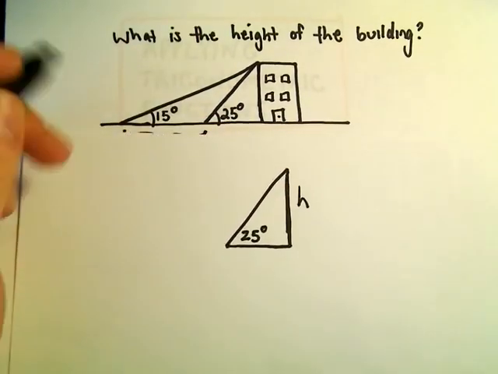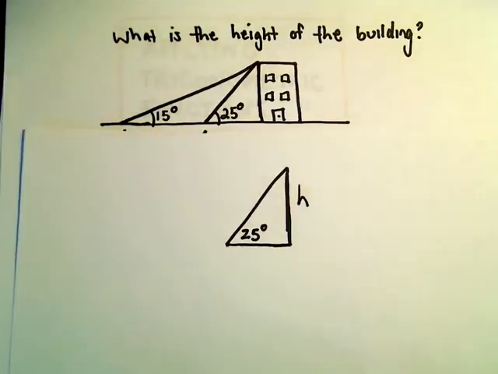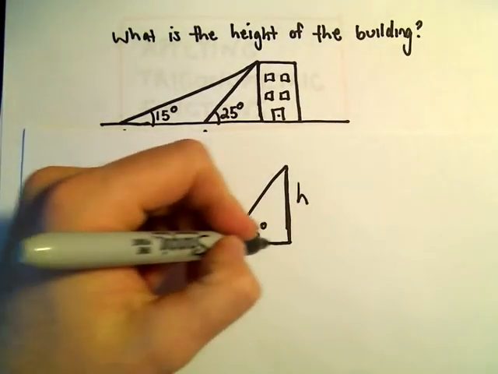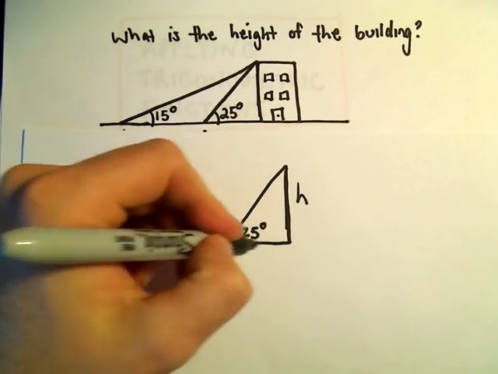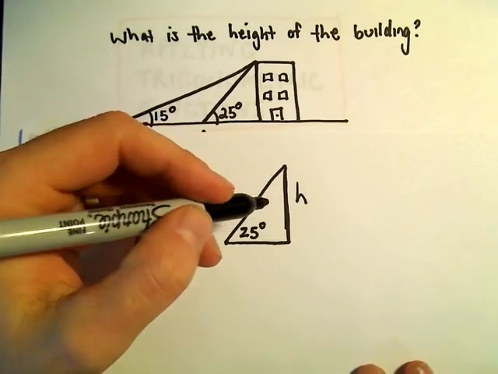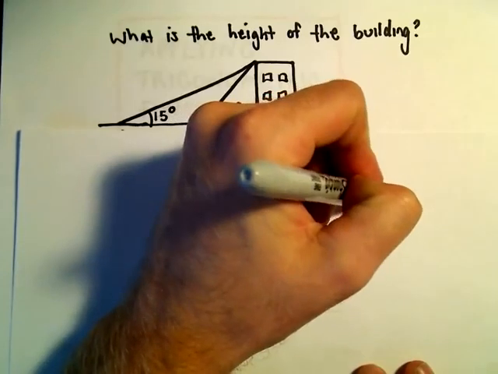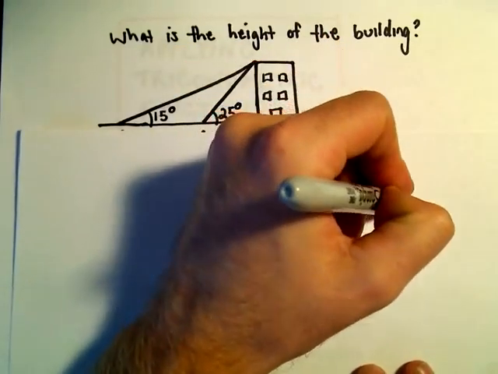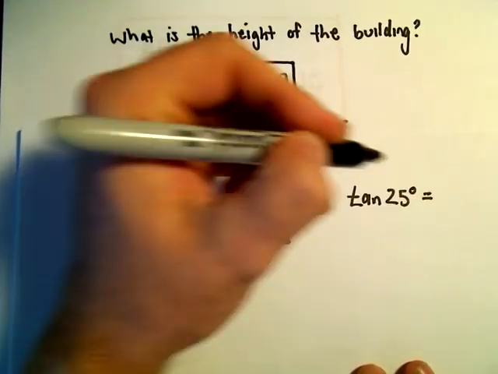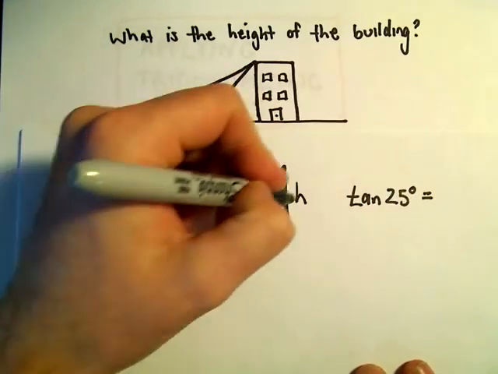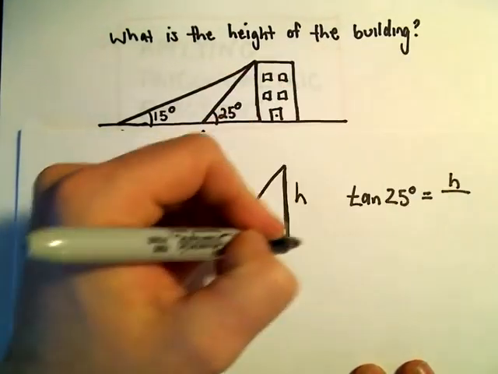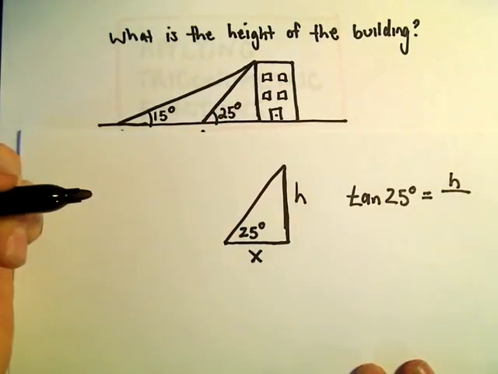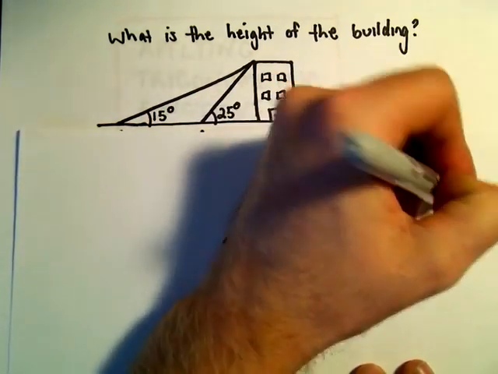I would also like to figure out an expression for the width of this little triangle. I think we can use tangent, because tangent of 25 degrees is the opposite, which in this case is h, over the adjacent side. Let's label that as x.